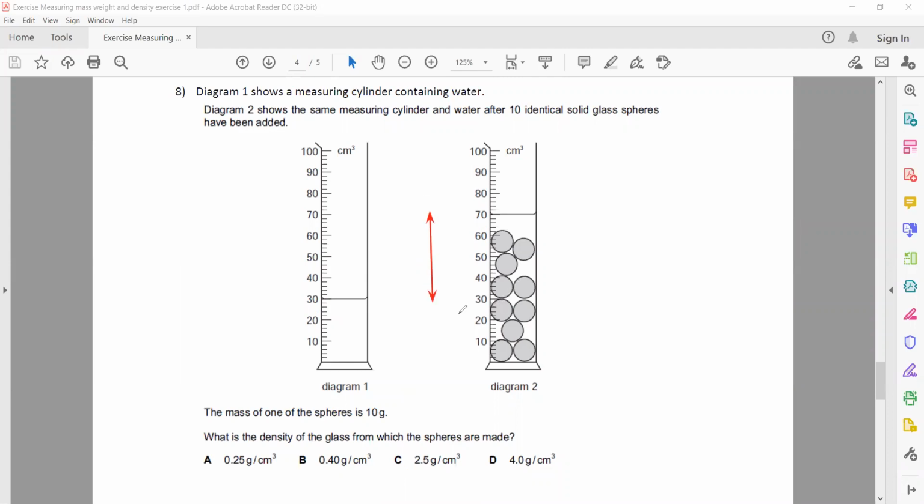So volume for 10 is 40, and this is a mass of 1. So you multiply it by 10, so you'll get the mass of the 10, that is 100. So total mass divided by total volume, you will also get 2.5. That is also a right way. So either total mass divided by total volume or individual mass divided by individual volume, you'll get the density.